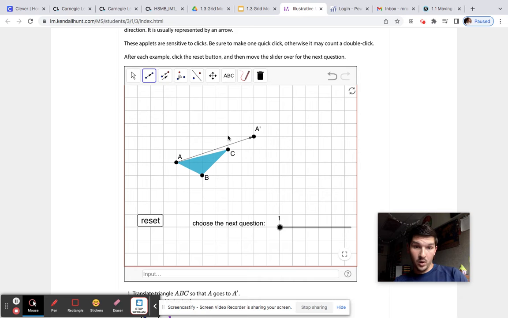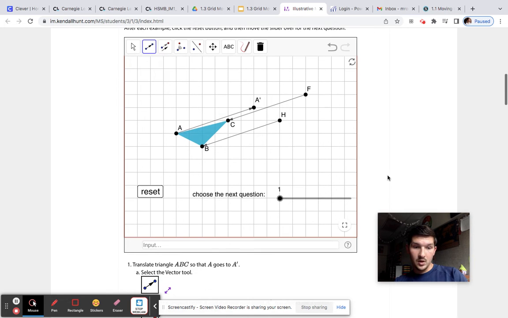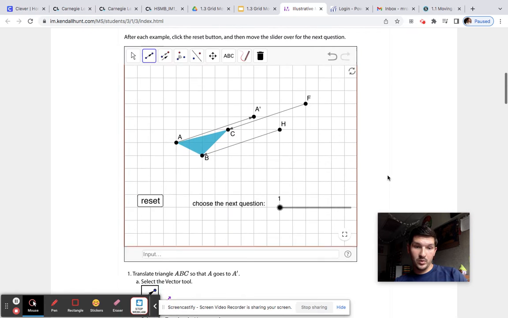They need to go up 1, 2, over 1, 2, 3, 4, 5, 6. So our C needs to go there, up 1, 2, over 1, 2, 3, 4, 5, 6. That needs to be where our B goes. Hopefully this is making sense.